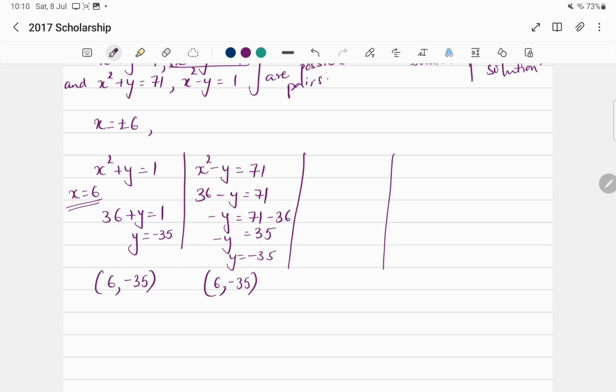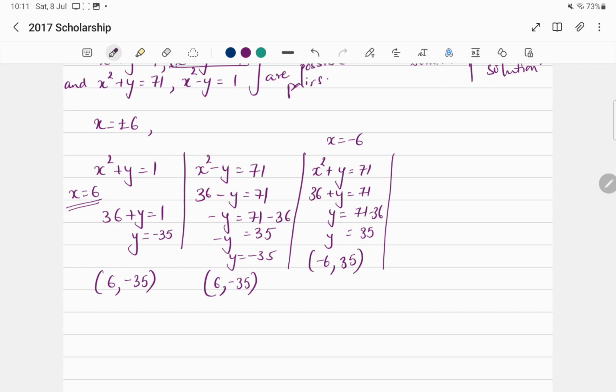Let's try the next one. Here x squared plus y equals 71, and now x equals minus 6 is what we are using. So that's going to be 36 as well. 36 plus y equals 71, so y equals 71 minus 36, which is 35. So the pair we get is minus 6 comma 35.